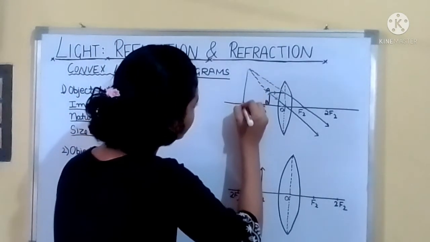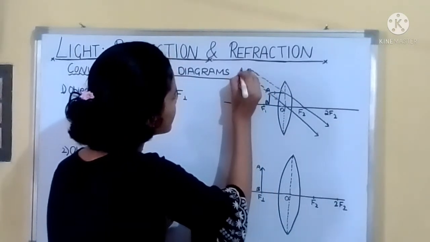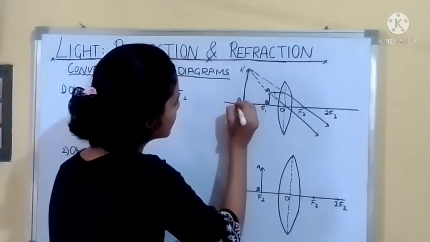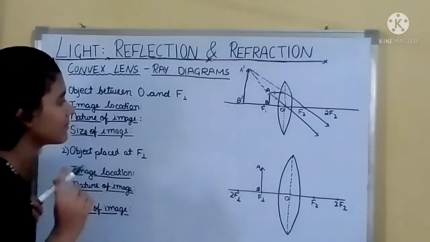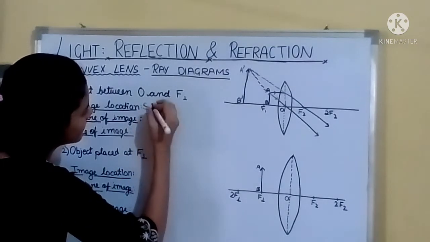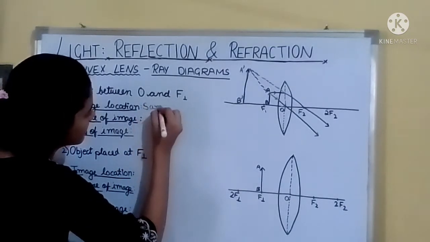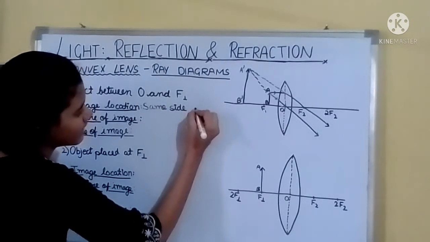So over here an image is formed, which we will name A dash and B dash. According to this ray diagram, the image location is on the same side of the object.